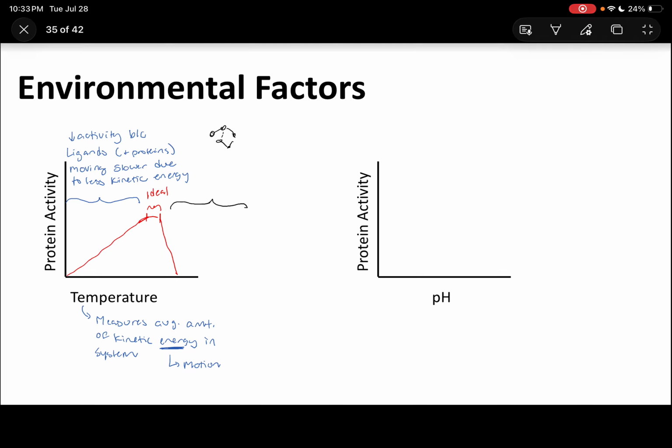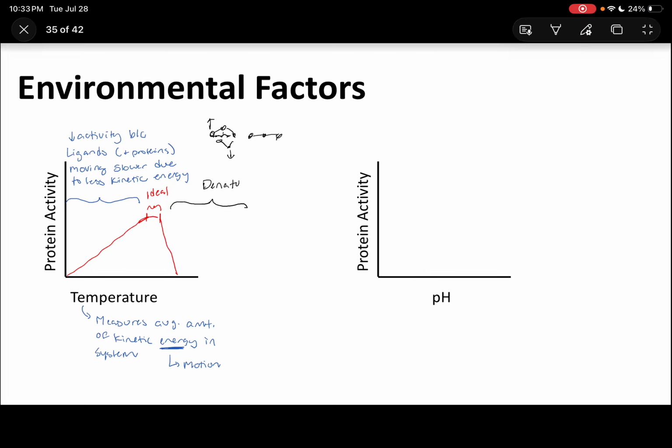But if they're given enough kinetic energy, then there might be enough force for them to actually pull apart and sever some of the hand holding, or in the case of a protein chain, some of these bonds between amino acids. And then that can cause the chain to straighten out, or we like to say become denatured.